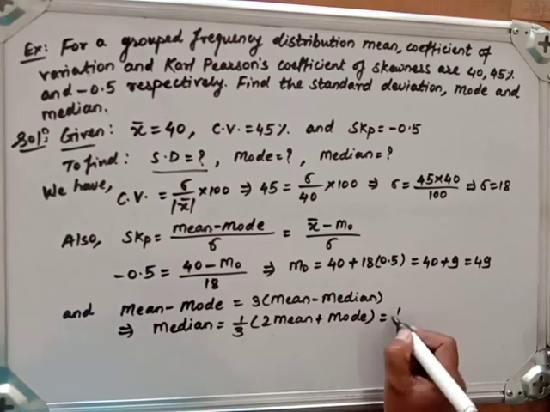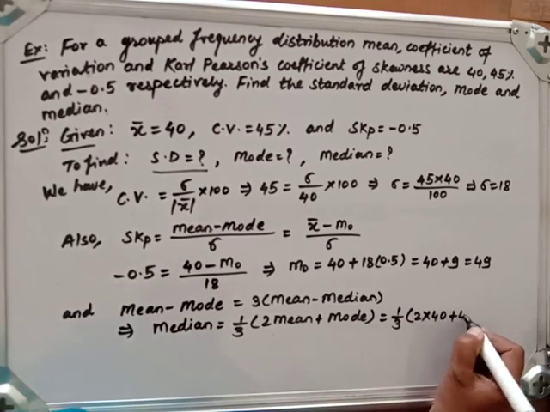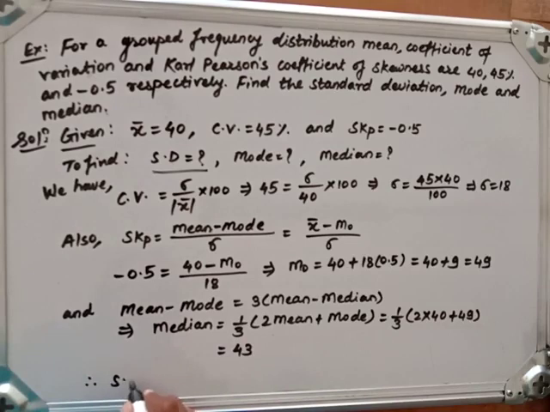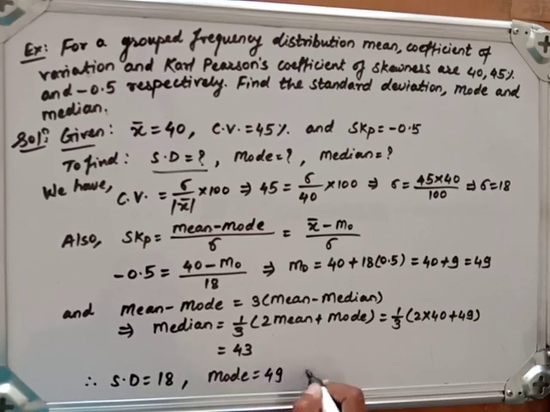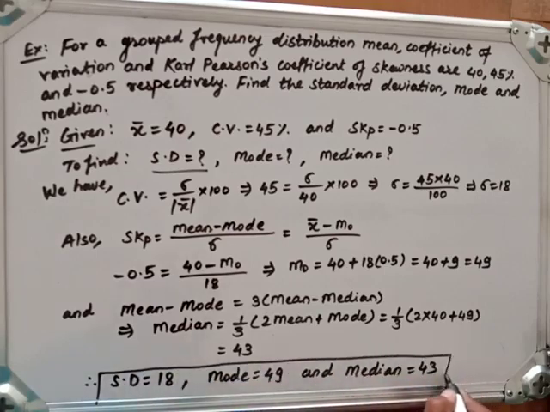So that is equal to 1 by 3 times 2 into 40 plus 49. So this calculation will be 43. So finally I can write standard deviation is 18. Mode is 49. And median is 43. So as such we can easily calculate the required one from the given things.